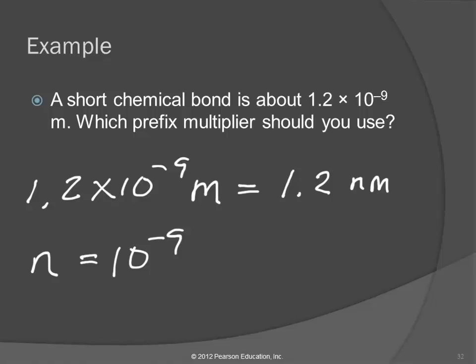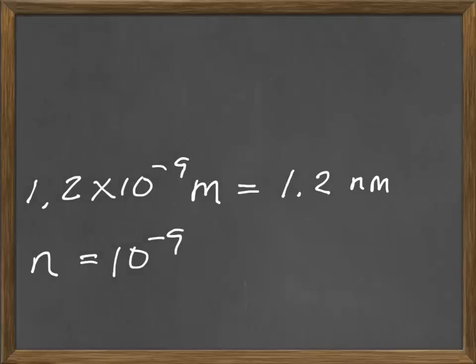Let's just do another example. What if we had 3.5 times 10 to the 6th grams? What would be a more convenient unit to use?